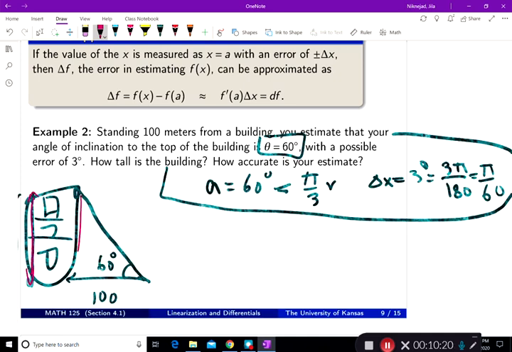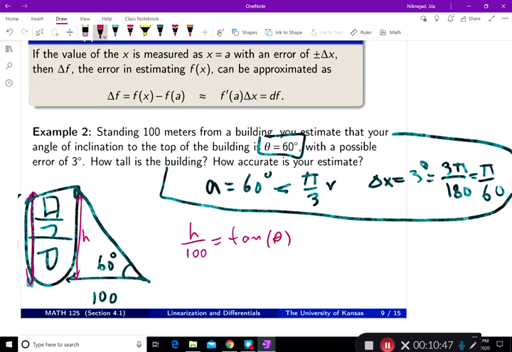And what I see is height divided by 100 gives me tangent of theta, or tangent of x, whichever you want to do. So using this, I can actually measure the height.